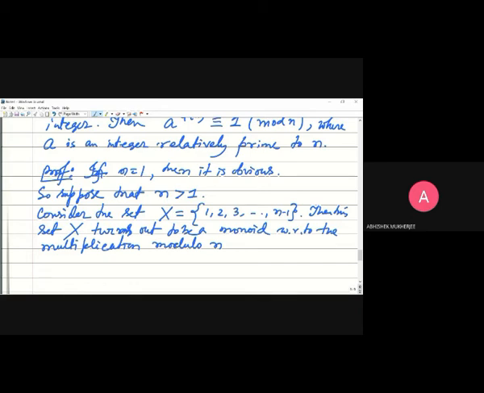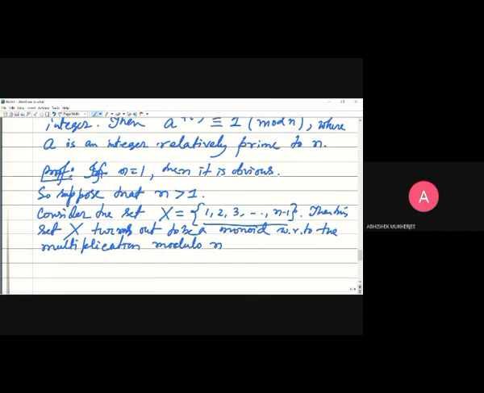Okay, and amongst these elements, some elements will be invertible. And what are those? The elements which are relatively prime to n.